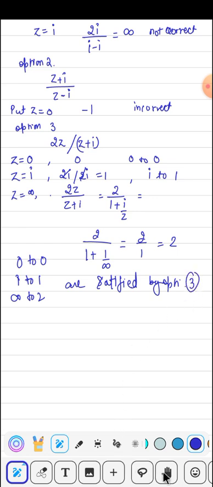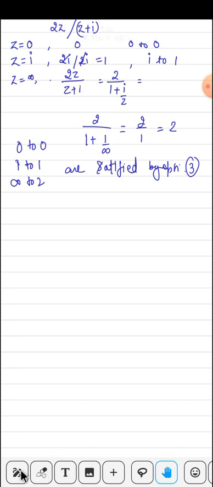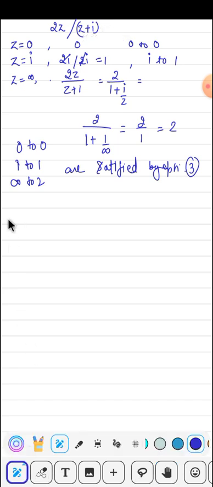But let us check option 4 also, who knows, option 4 might be right also. It might be possible that this is a multiple select question. Let us check. Z minus iota upon 2z. Put z equal to 0. So I get minus iota upon 0.